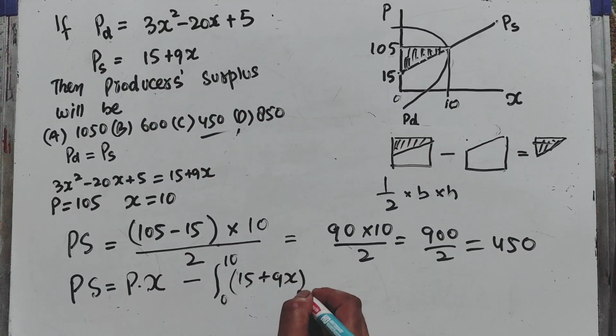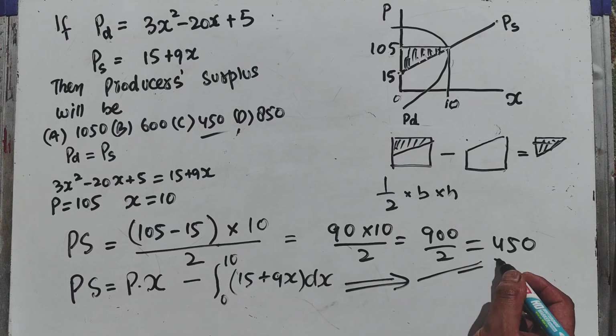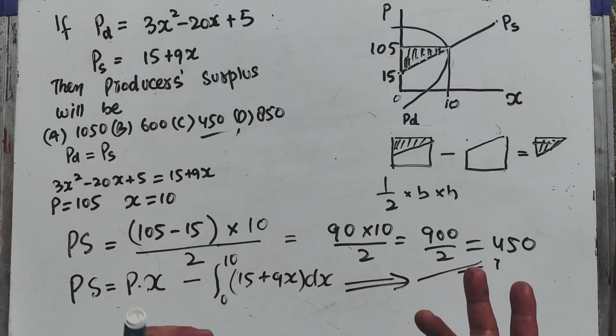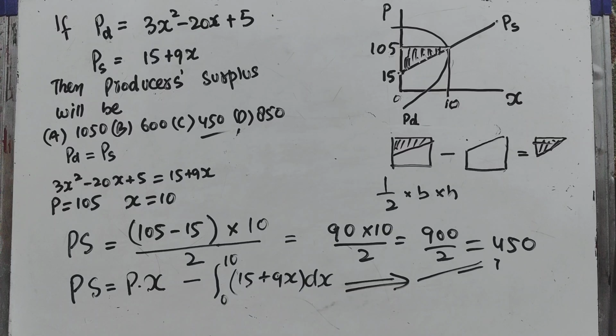If we solve it like this, we will get the same result, 450. But we are not supposed to do that here, because to save space and time we can use the graphical method, since our supply function is linear.